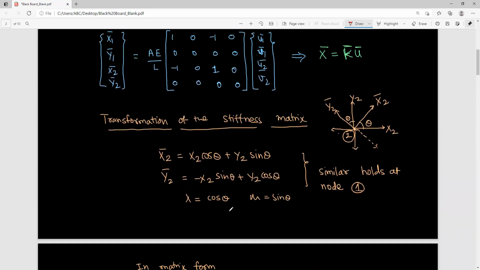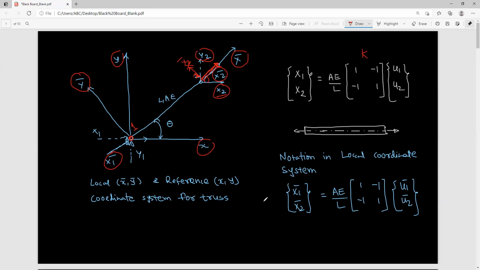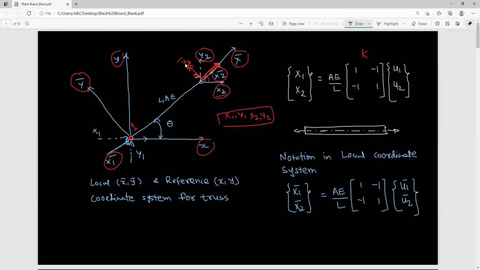You can see here that at each node we have two force components resolved into the reference coordinate axes. Those are x1, y1, x2, y2. These are the forces in the reference coordinate system. These come from the resolution of the force components acting in the local coordinate system. The notations we have used are x1 bar and x2 bar.